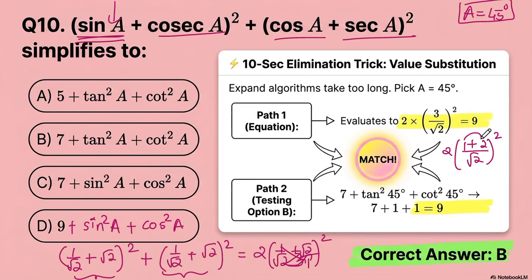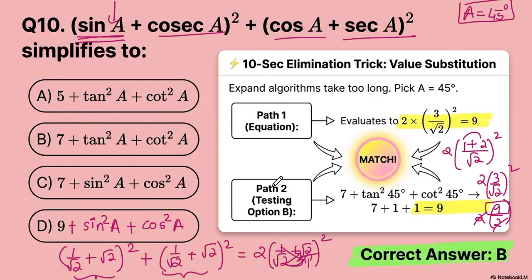In the numerator 1 plus 2 is 3, so 2 times (3 upon root 2) the whole square. Outside 2 as it is, inside 3 square is 9, upon root 2 square, which is 2. So this 2 and 2 will get cancelled, so the answer is 9.